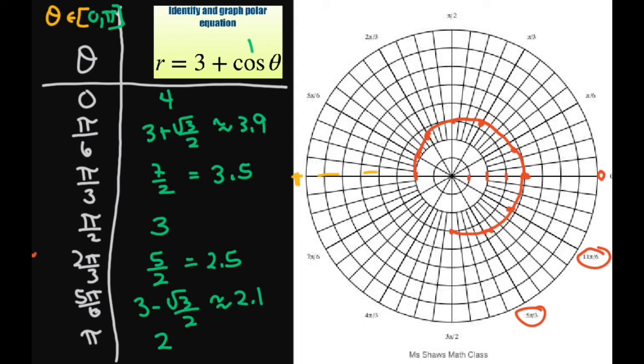All right, my pen stopped working. 2.5 at here. And at 7 pi divided by 6, we'll have 2.1. And then we're back around. So there it is. Almost looks like a circle.